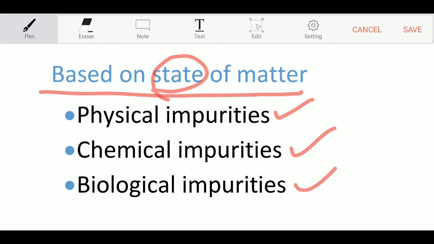If we drink ocean water, we cannot drink it because it is too salty. So by physical nature we can say this water is unfit for drinking. In the same manner, chemical impurities and biological impurities are tested. One by one we can discuss.